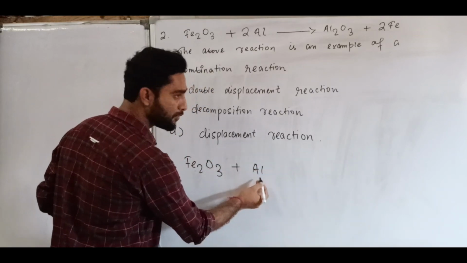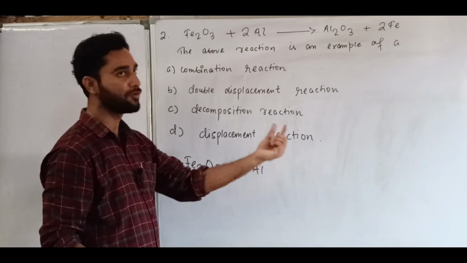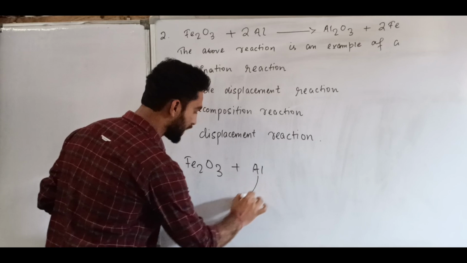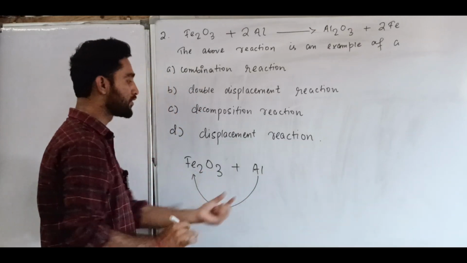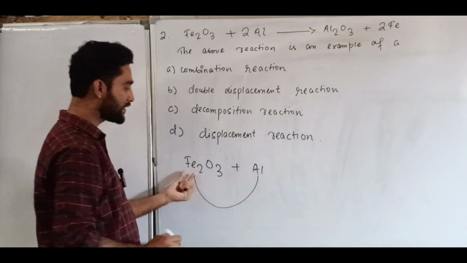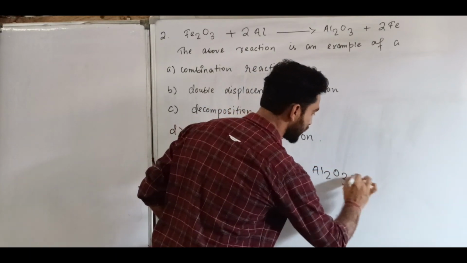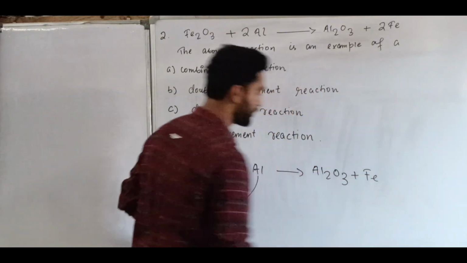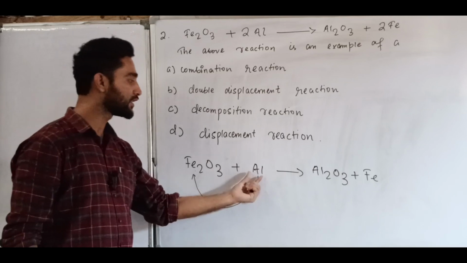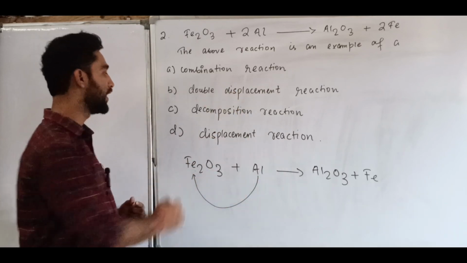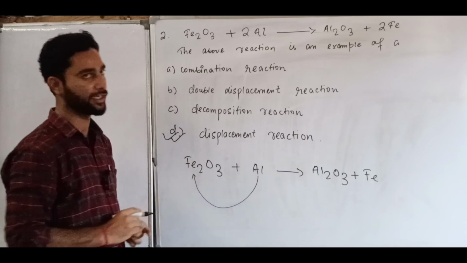Aluminium is more reactive. In the reactivity series, aluminium is placed above iron, so aluminium easily displaces iron. And they form aluminium oxide plus iron. Since in this reaction aluminium replaces the iron, it is an example of a displacement reaction.